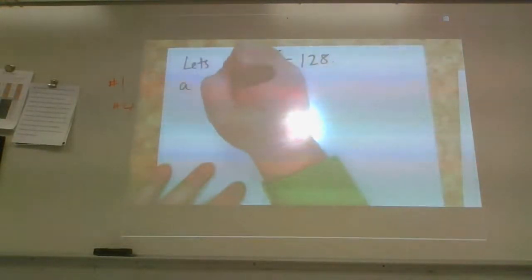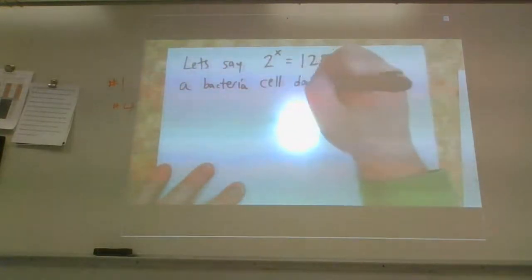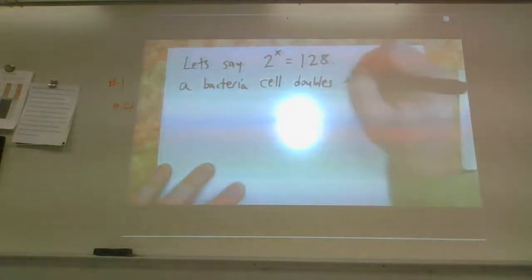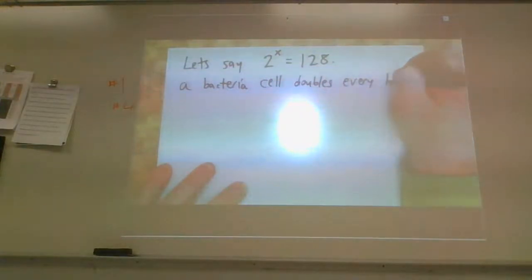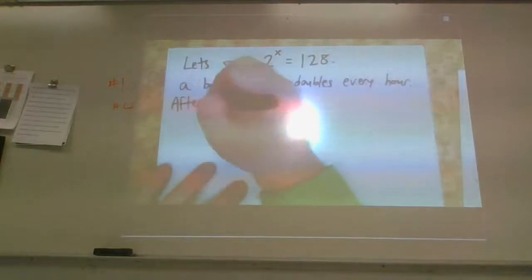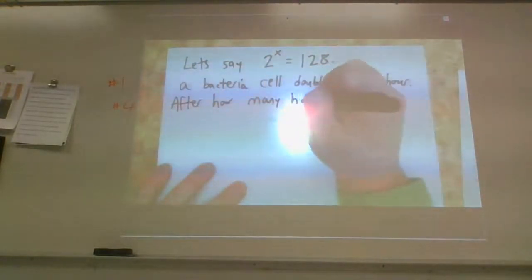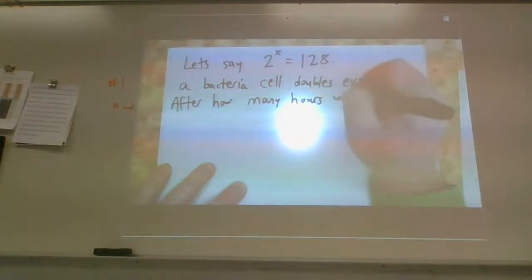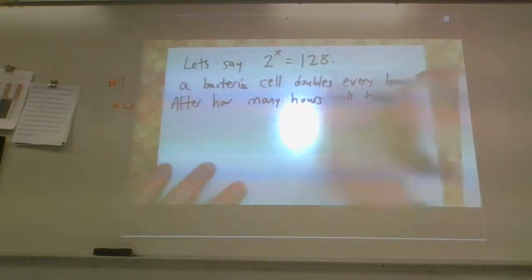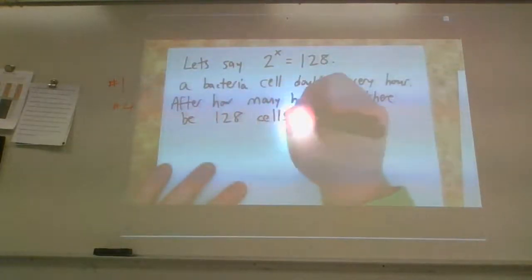A bacteria cell doubles every hour. After how many hours will there be 128 cells?